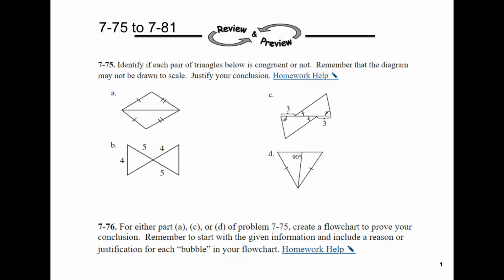So looking at example A, when we look at these two triangles, we can see that this side is congruent to this side. So we can state that the sides with one hash mark are congruent because it was given. We then look at our picture and we see these sides with two hash marks are also congruent because that is given.